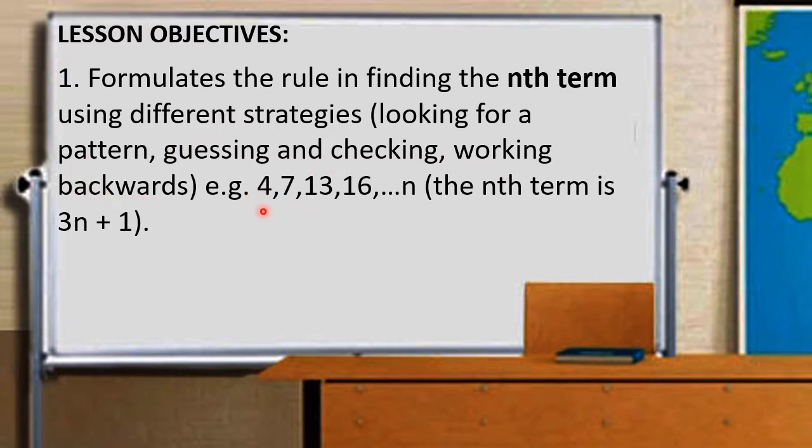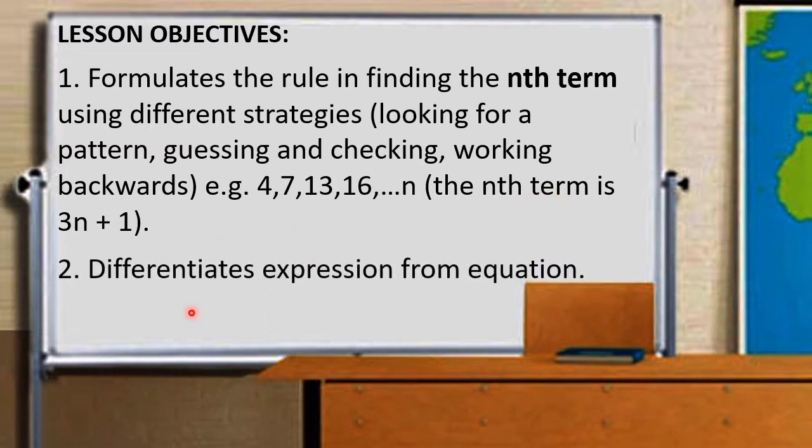Example, 4, 7, 10, 13, 16, and so on. The nth term is 3n plus 1. Our second objective, differentiates expression from equation.